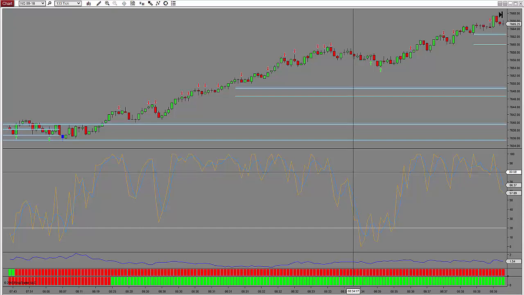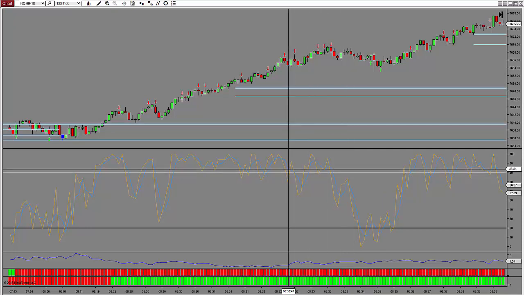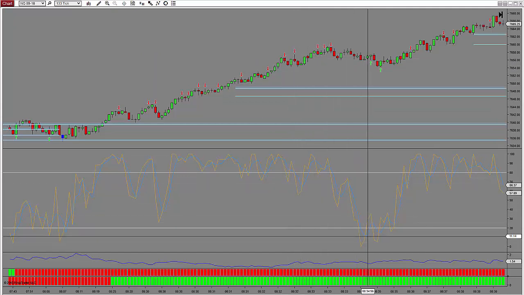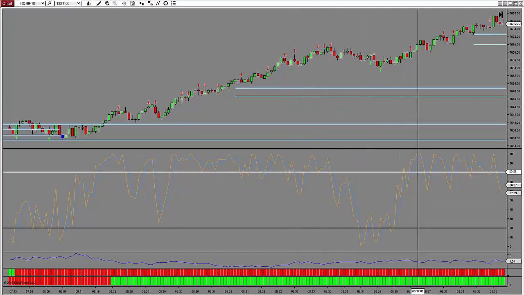If stochastic goes above 80, again, the market is said to be overbought. And if it's overbought, you expect prices to come down. If it's oversold, you expect prices to go up.